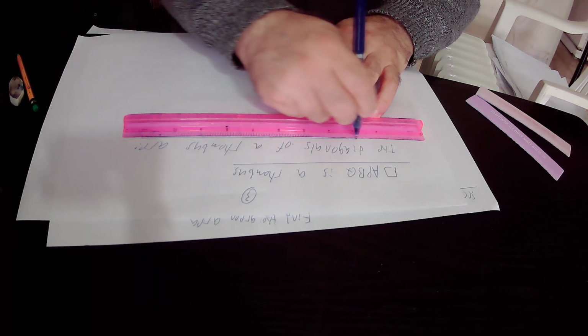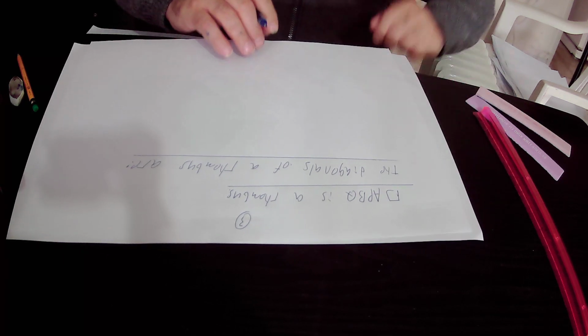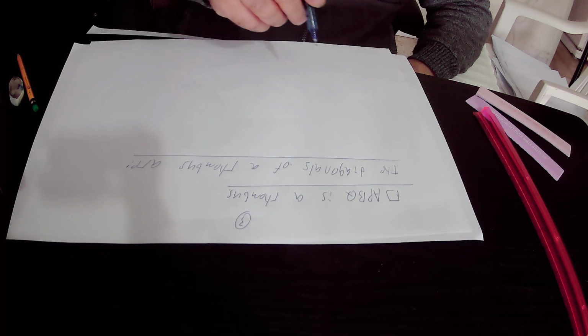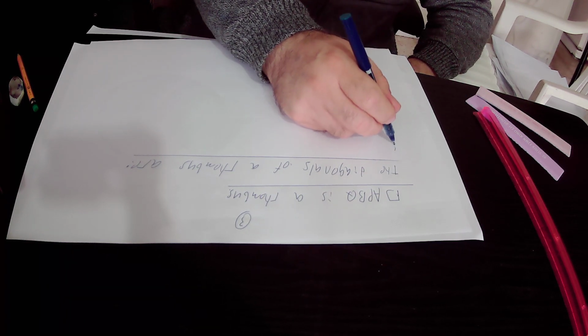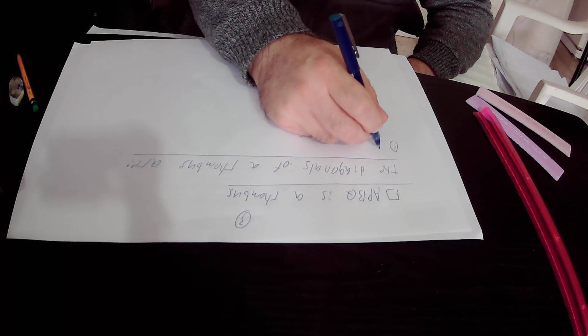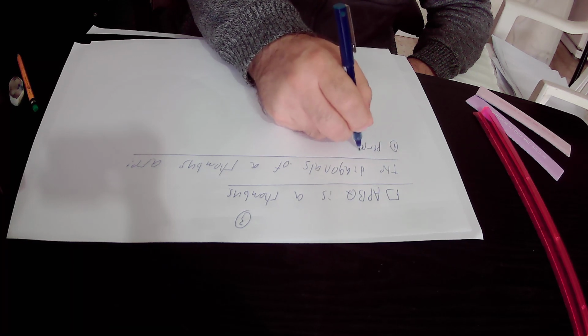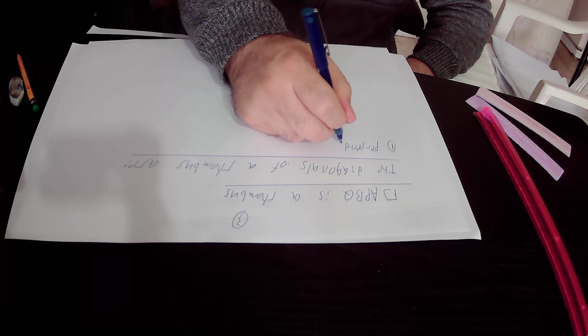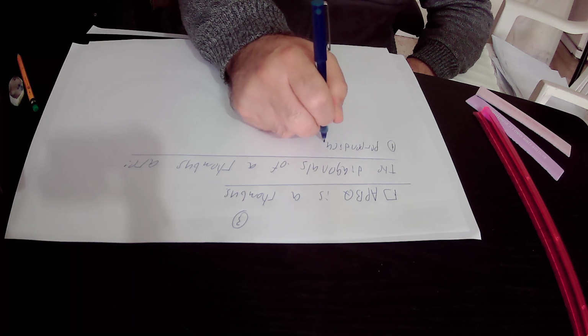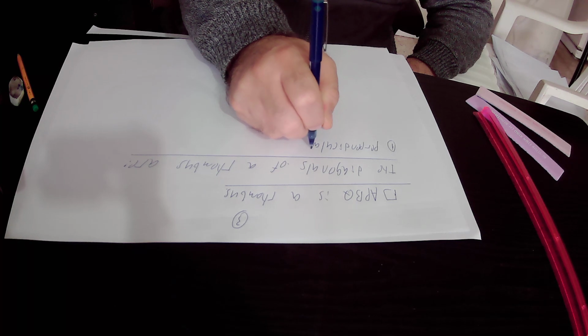The first characteristic of the diagonals of a rhombus is that they are perpendicular to each other. The diagonals of a rhombus are perpendicular to each other.